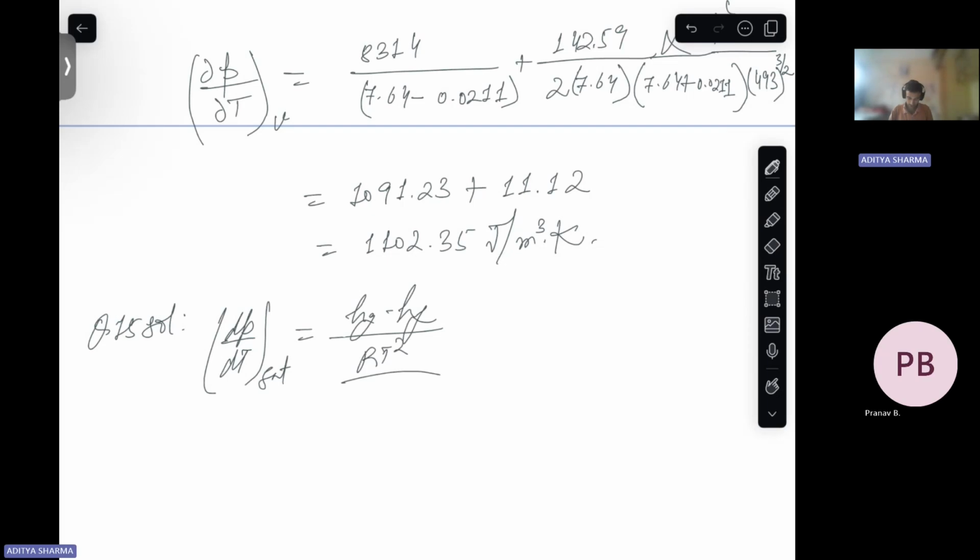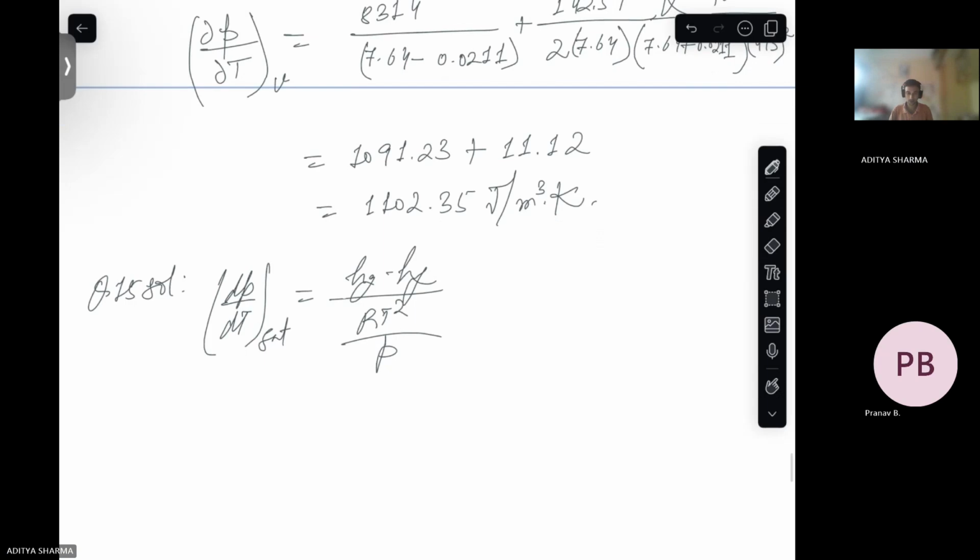RT square by P. Yes. Also, this is Hg minus Hf by T into Vg minus Vf, right?